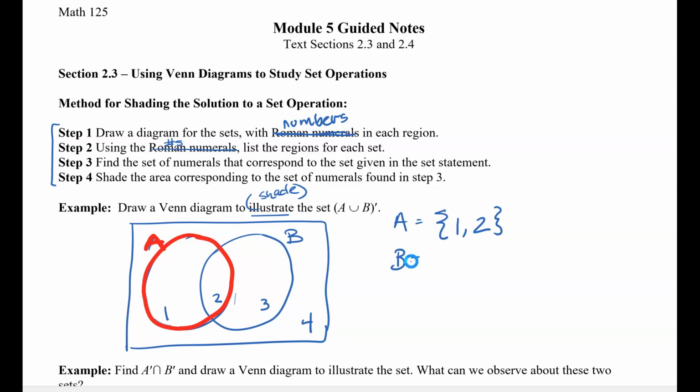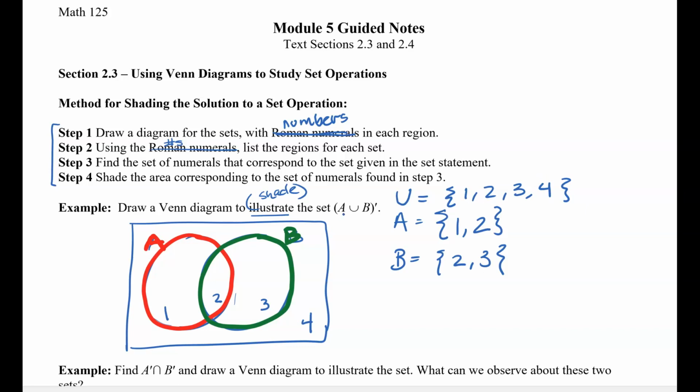Set B has numbers 2 and 3 inside of it. If I use a different color for B, you can see that 2 and 3 are both inside that circle. So we've got A, we've got B. I'm also going to write down the universal set, which is the set of all of the numbers inside the diagram. So we've got 1, 2, 3, and 4 are all the numbers inside the diagram.